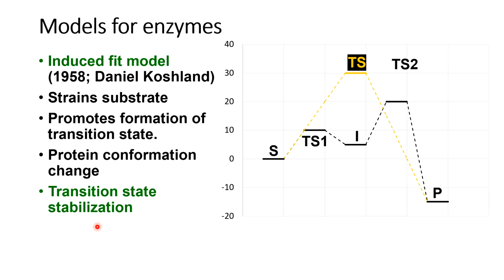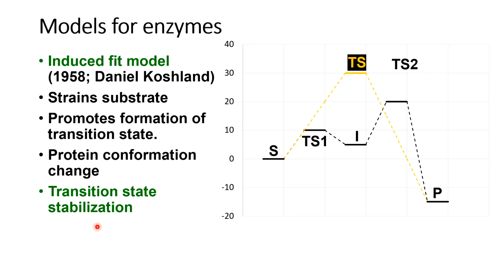If we think about the energy diagram for that, it starts to make a little more sense, because the intermediate, the enzyme substrate complex, may be a little higher in energy than just the enzyme plus the substrate itself. So it avoids that problem with the lock and key model, that the enzyme substrate complex is more energetically favorable than the free enzyme plus the substrate, which would cause a problem with the activation energy.